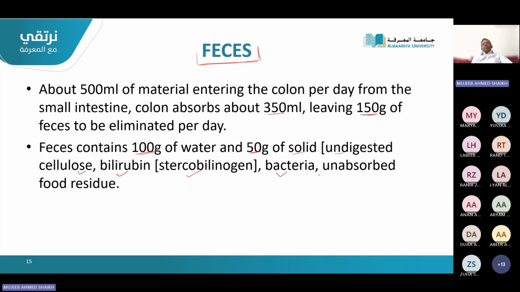Some bacteria will come out, and unabsorbed food residues will also be included in feces. So feces contains 100 out of 150 grams of water and the remaining 50 grams of solutes, containing bacteria, bilirubin, cellulose, and some other undigested food.